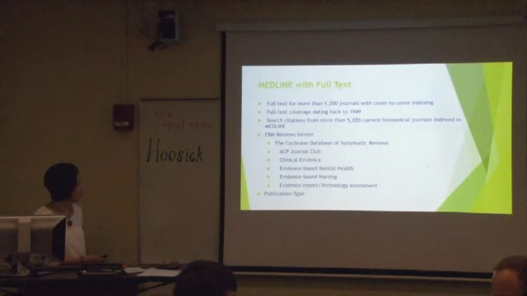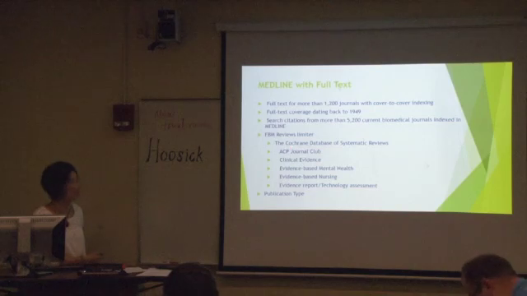Okay? So this is more like a commercial version, and it has these limiters that you can use. It has the EBM review limiter, evidence-based review. Basically when you apply the limiter, it's asking the database to search for Cochrane Database of Systematic Reviews, ACP Journal Club.